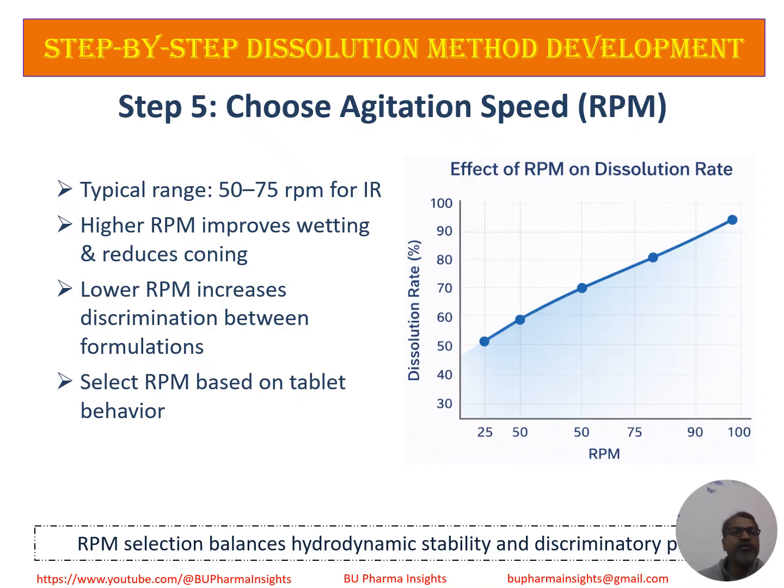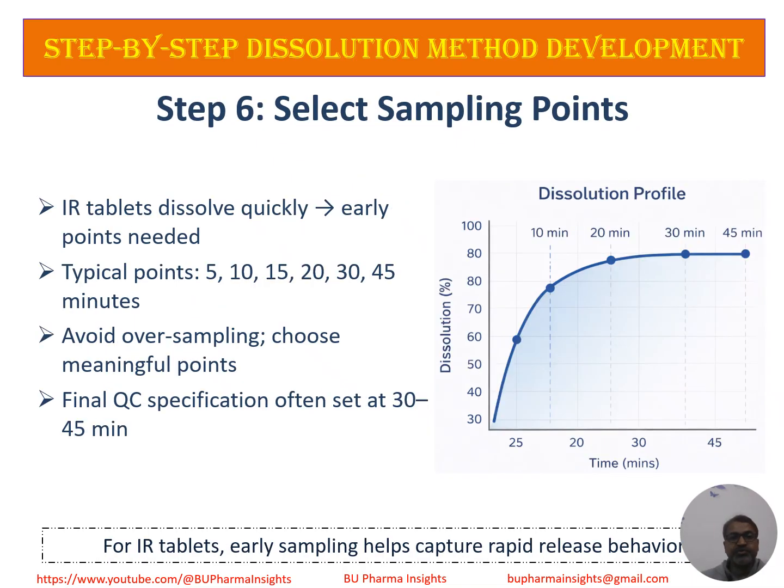For hydrophobic tablets, higher agitation may be needed to prevent sticking or coning. However, RPM should never be so high that it masks real formulation differences. In short, RPM selection balances hydrodynamic stability with discriminatory power.